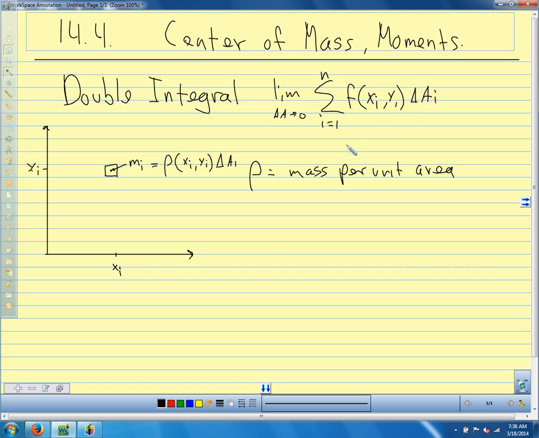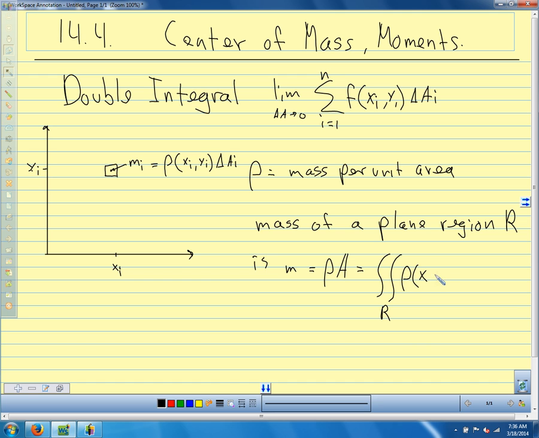So the mass of this plane region, and our region is R, M is going to be rho times the area, which is going to be the double integral over our region of rho of x, y dA.